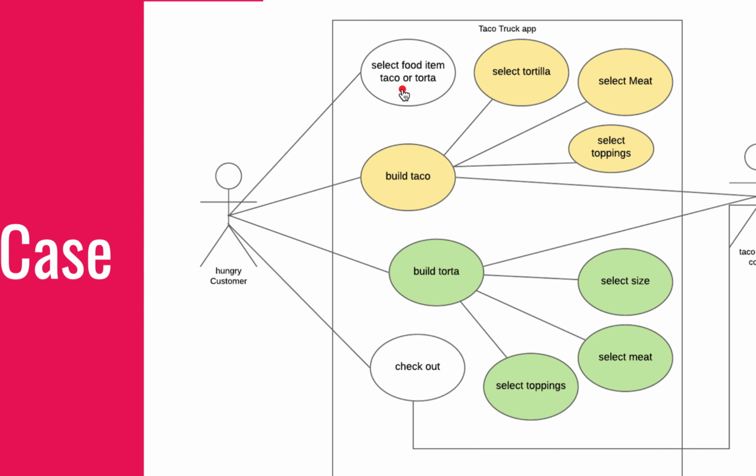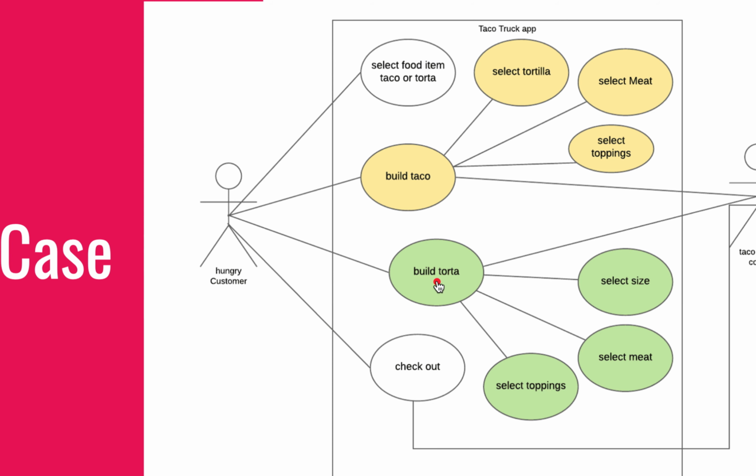For this project, I only put two items, but the system is set up to add more food items. So if the user selects a taco, then they have to select a type of tortilla, type of meat, and some toppings, which you will see later on how it works.